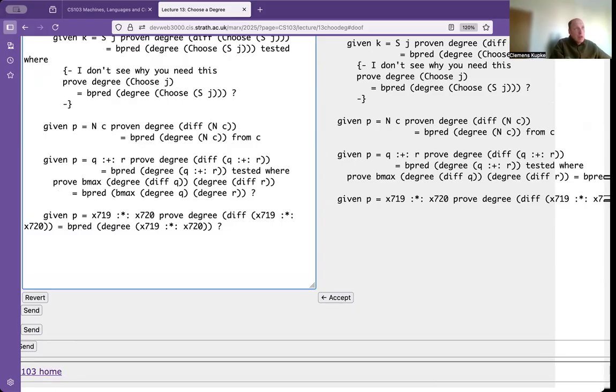There's a couple of things that we need to hammer home here. You prove equations by taking little steps that make one side a little bit closer to the other side.